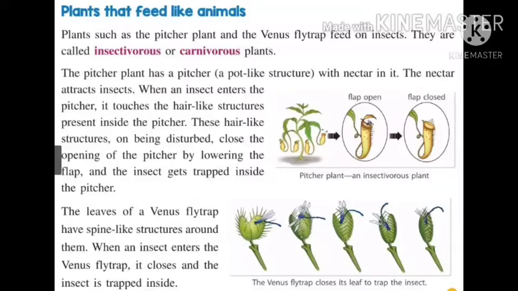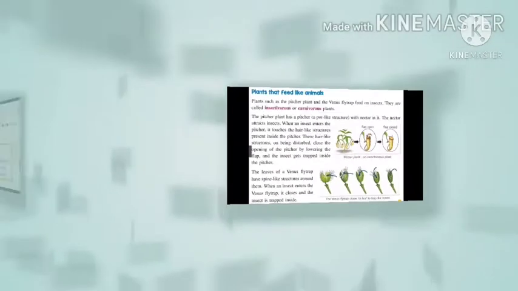It has spine-like structures around it. When an insect sits on the leaf, it closes automatically and the insect gets trapped inside the leaf. This is how the Venus flytrap plant catches the insects and uses the nutrients of the insect for its growth.